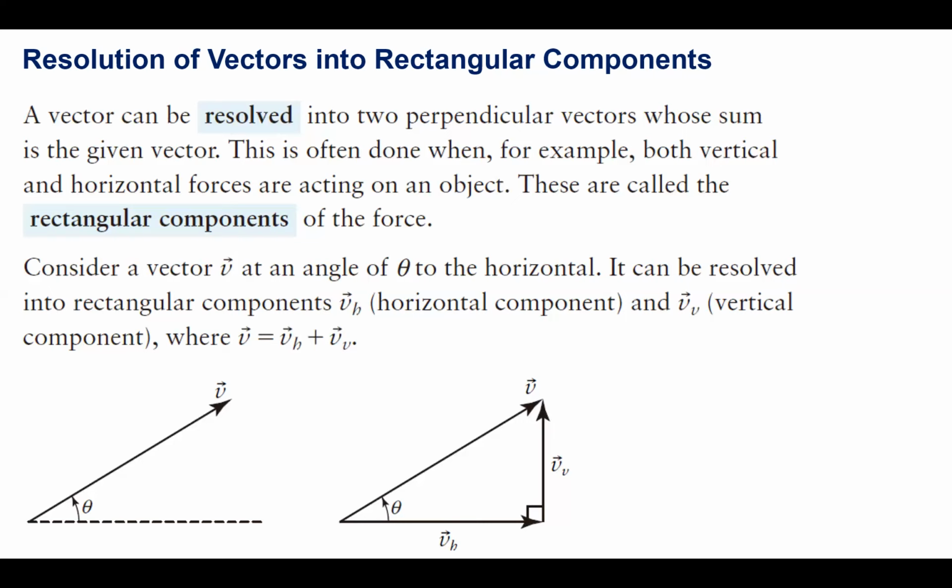So consider a vector v at an angle of theta to the horizontal, as shown here in the bottom left. It can be resolved into rectangular components VH, which stands for horizontal component, and VV, which stands for vertical component, where V equals VH plus VV.